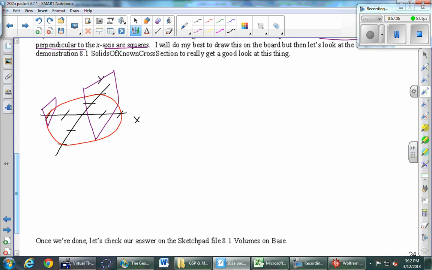So let's go ahead and call this point right here our generic x. I've drawn one purple square there, but you got to imagine it has a little bit of thickness, so it's got some volume. And the goal is to find the area of the cross-section.